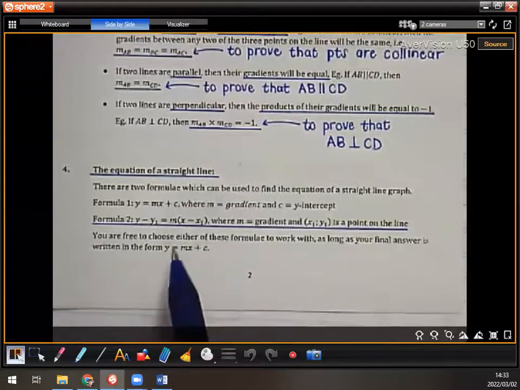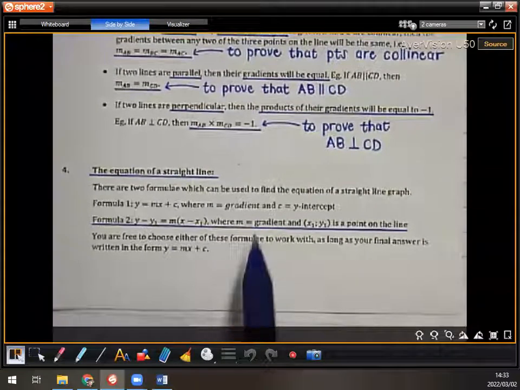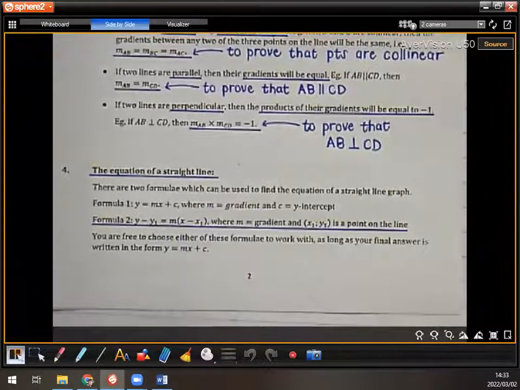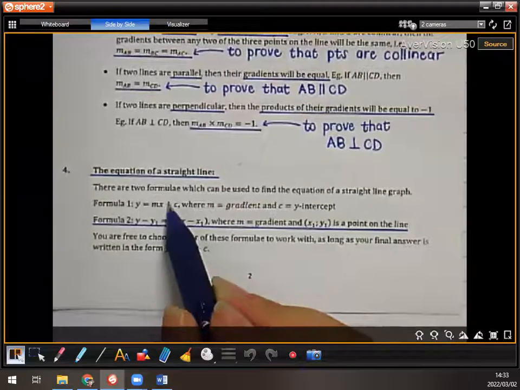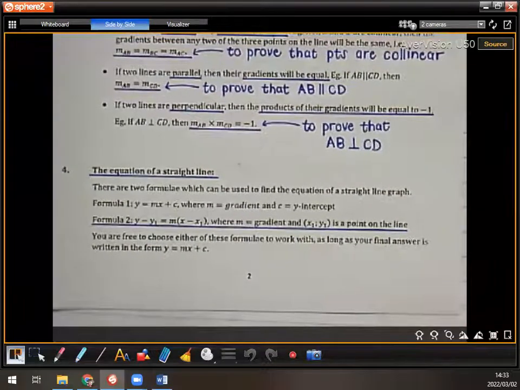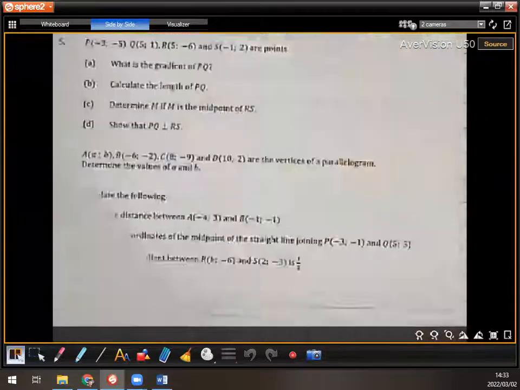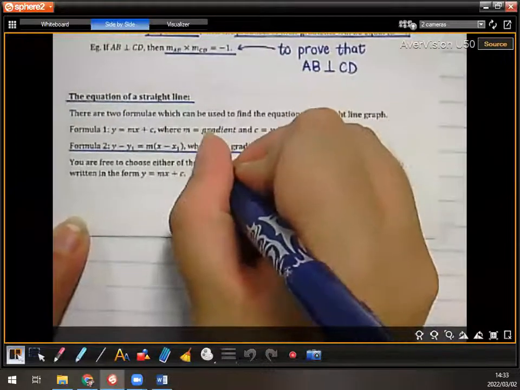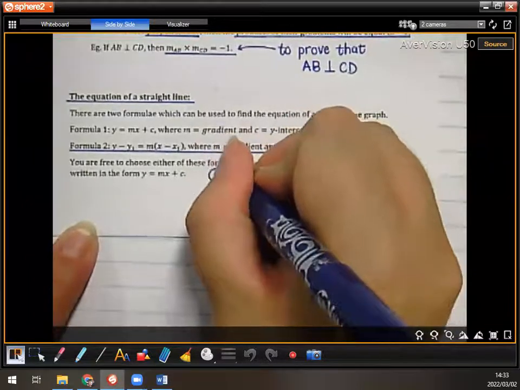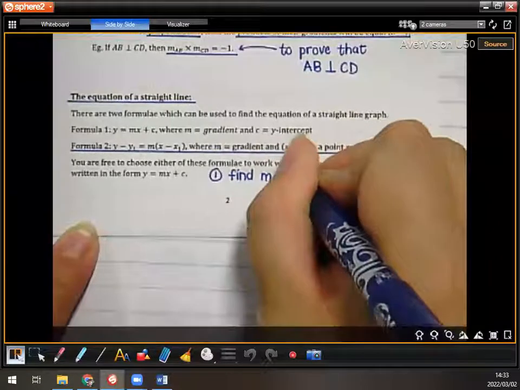Now, the important thing here is that your answer has to be written in the form y equals mx plus c. Okay, but it will be quick. You'll see what I do. It's faster actually to find the equation using this formula than it is using the other one. Okay, now guys, what you're going to do is, let me see, is it actually summarized here? No. So I'm just going to write just underneath, step 1 would be to find the m value, which is the gradient, right?